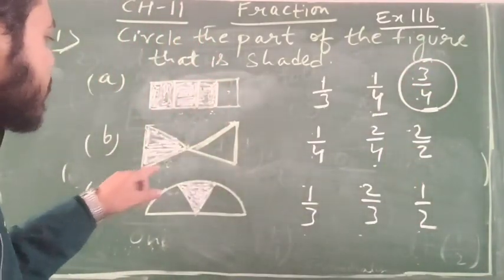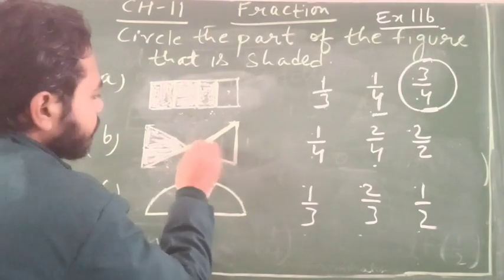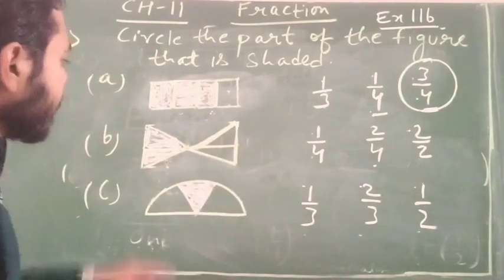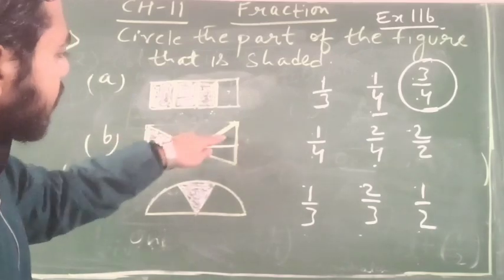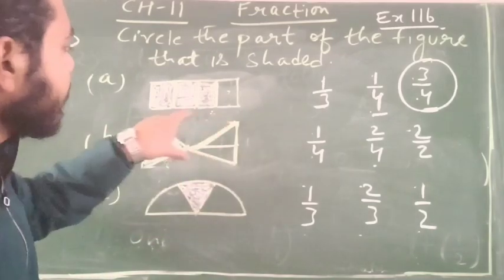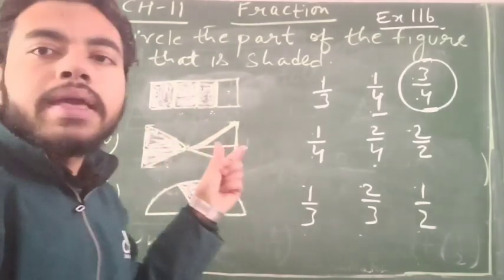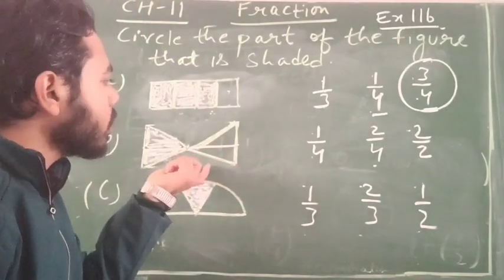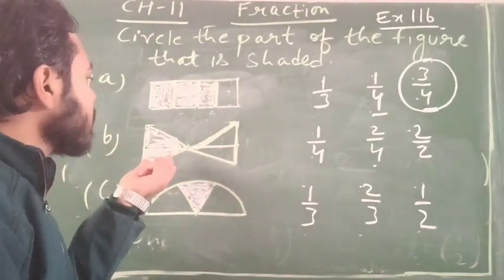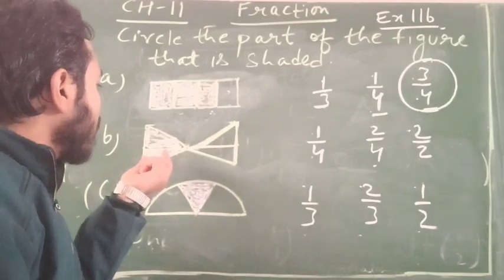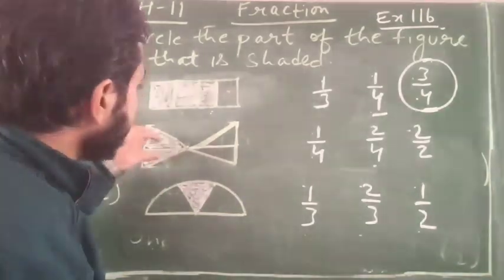Now move to the second question. Here you see 1, 2, 3, 4. This figure is divided into 4 equal parts, and out of these, 2 parts are colored.